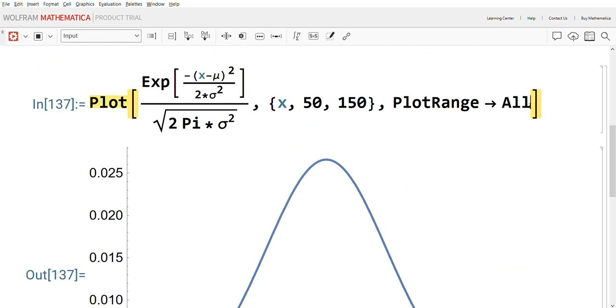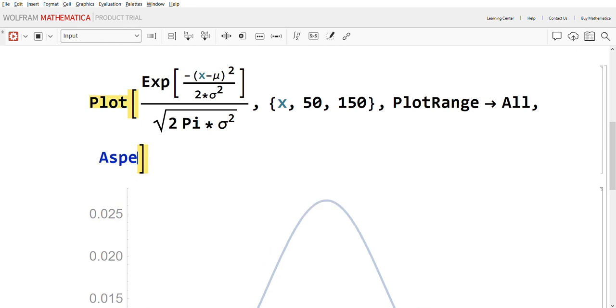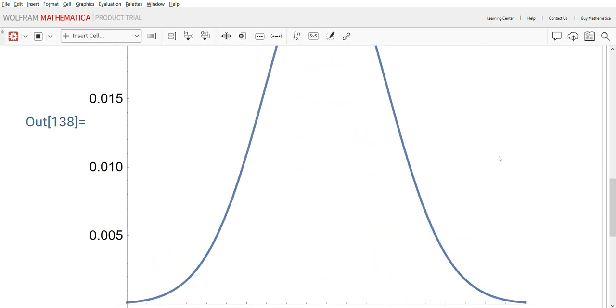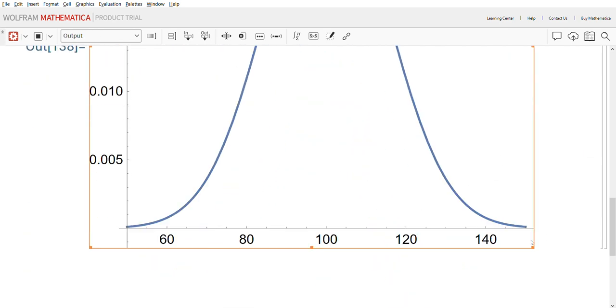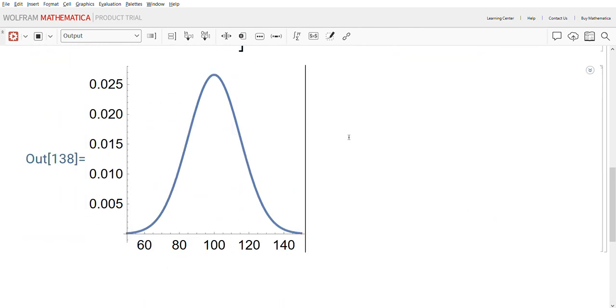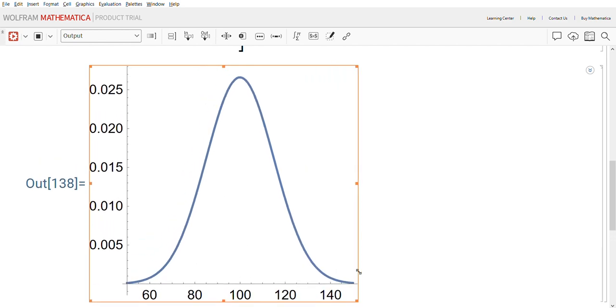Let me try to adjust the aspect ratio so it might take a slightly different shape. So let me make this smaller. Okay. So as you can see, we have the bell curve.